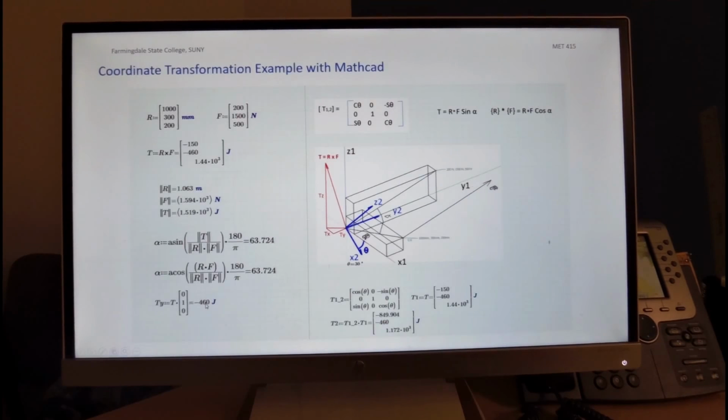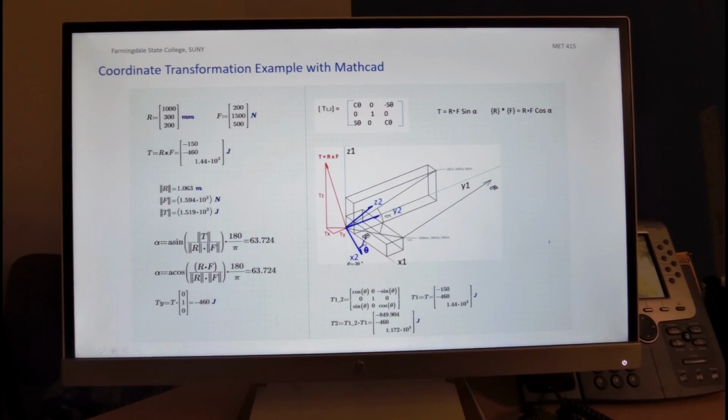We now can use this transformation matrix, copied again over here, to see what the components will be of the vector t, which is the torque vector that we found earlier, r cross f, when looked at by an observer located in coordinate system 2.